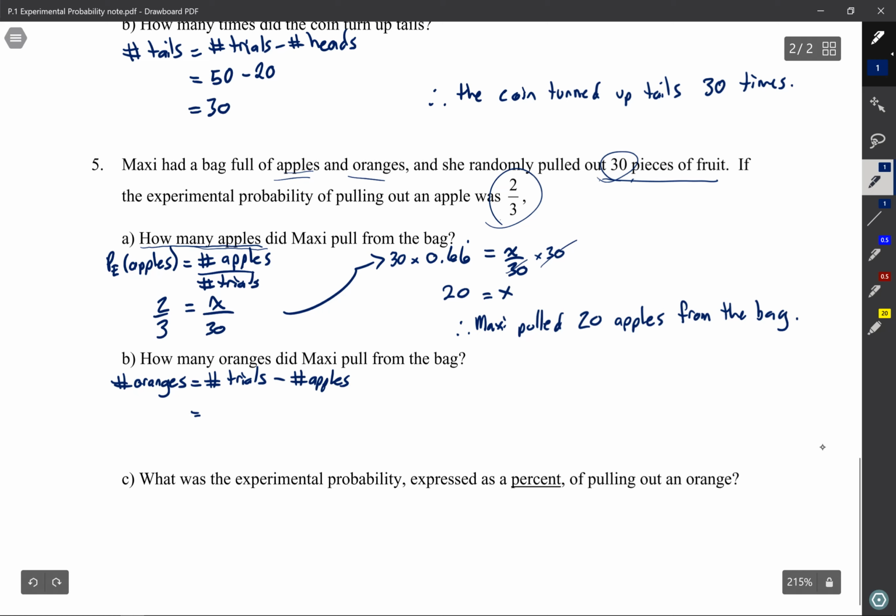Well, the number of trials, that's the number of fruits, is 30, minus the number of apples, which is 20. 30 minus 20, you can use a calculator, do that in my head, that equals 10. So therefore, Maxie pulled 10 oranges from the bag.